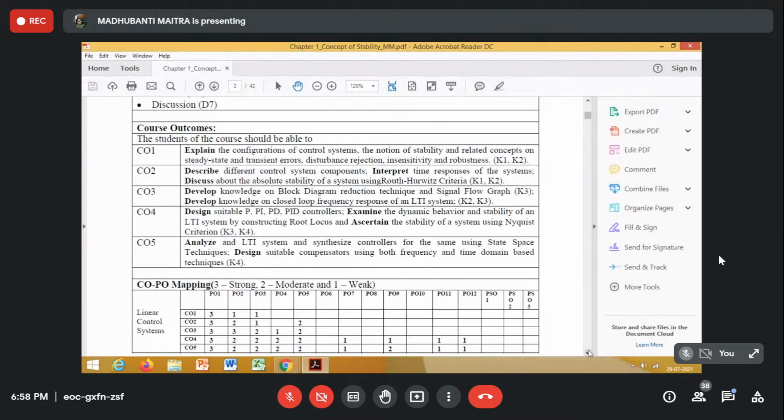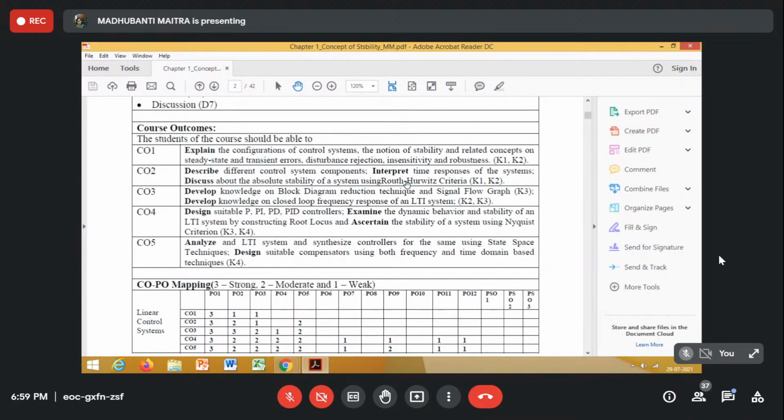Right, now I'll be covering the second part of this course, part two. We'll start with the notion of stability, right? Then we'll learn Routh-Hurwitz criteria, which is basically a stability judging tool for a linear system.